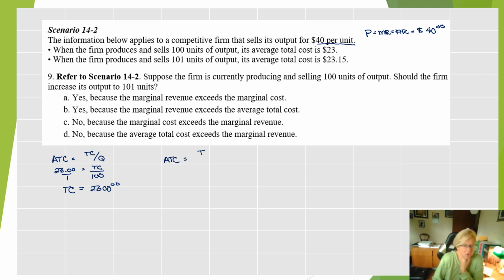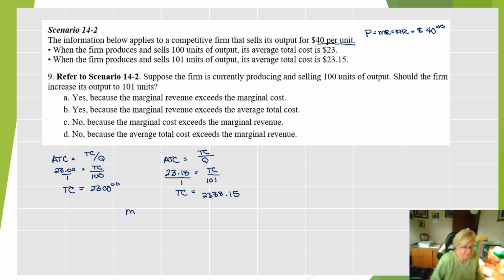Okay, next step, average total cost is equal to total cost over quantity. And our average total cost is $23.15 equals total cost over 101. Set that over 1, cross multiply, and we get total cost is equal to $23.15 times 101, which is going to be $2,338.15.